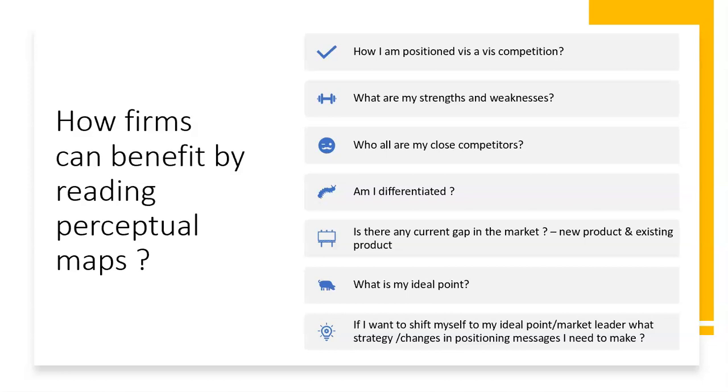A place which is more differentiated where there is no competition, basically finding the gap in the market. What is my ideal point? If I want to shift myself to my ideal point or to market leader or to a brand where a brand actually exists currently, what strategy or what changes in positioning messages I need to make?